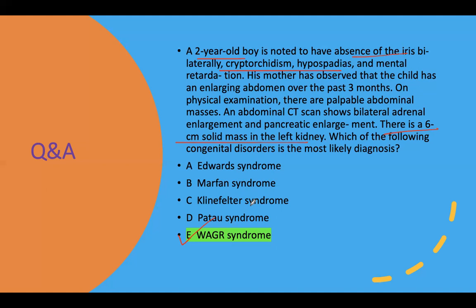And nephrogenic rest, we also studied that it is a very important morphological lesion for the development of Wilms tumor in the contralateral kidney. And don't forget that unfavorable histology is an independent predictor for the prognosis. Unfavorable histology usually portends a very bad prognosis.